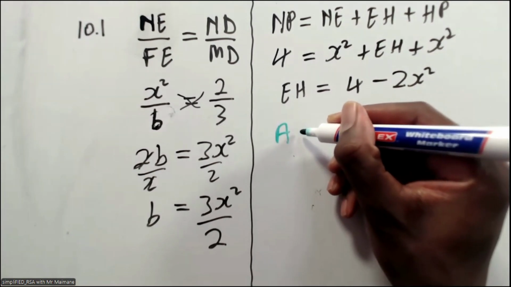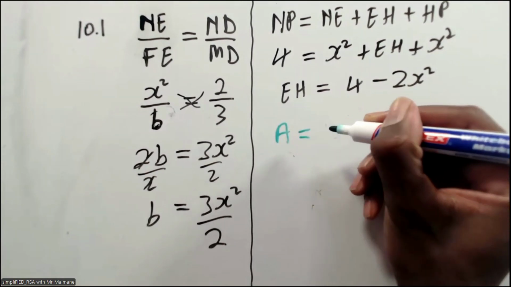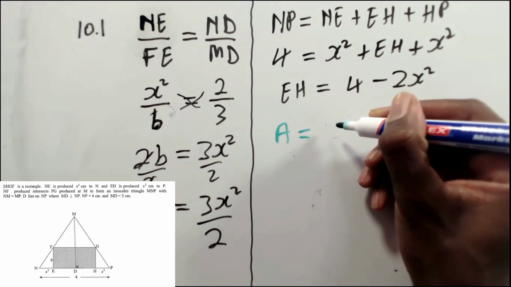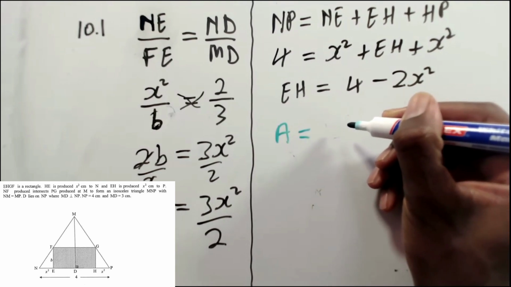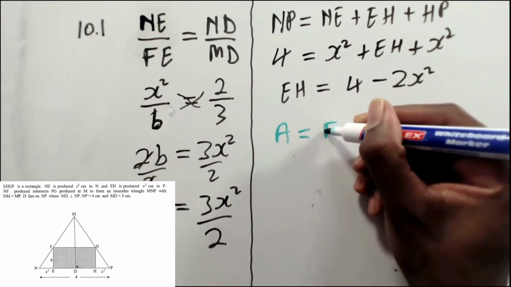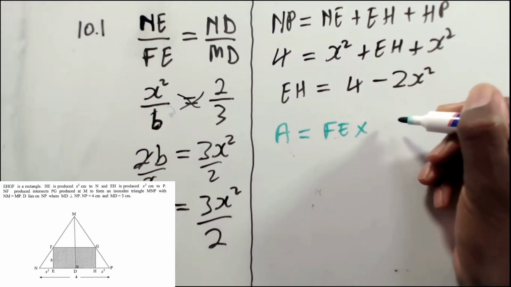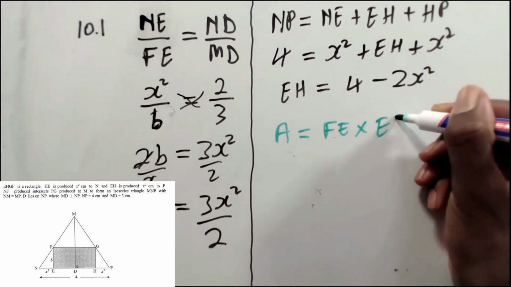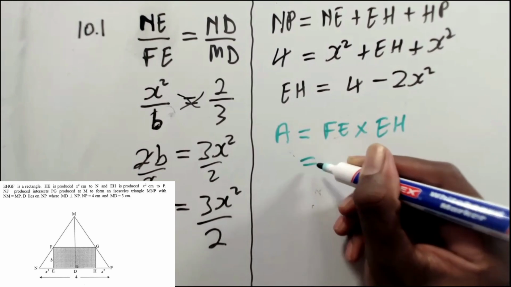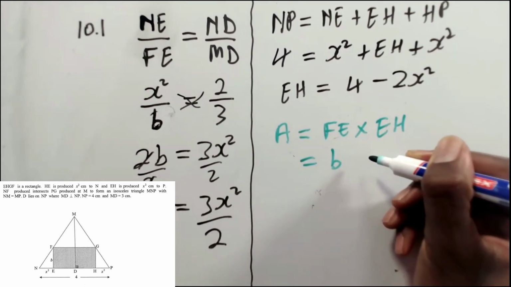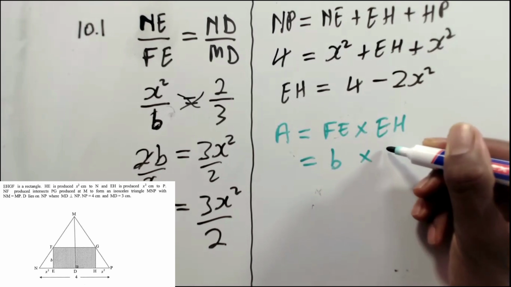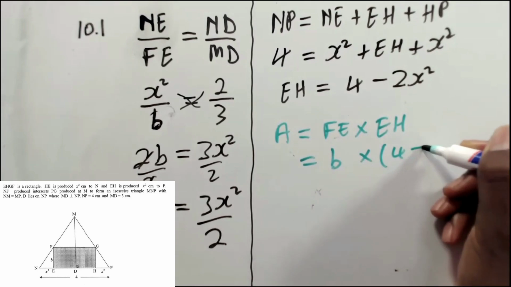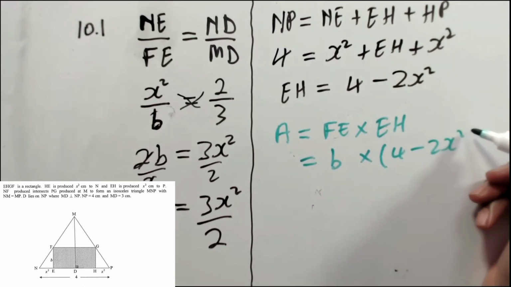For the area of EFGH, it's going to be FE multiplied by EH. FE is B, times EH, which is 4 minus 2x squared.